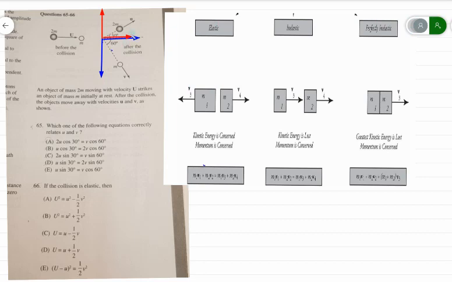Now let's find out the momentum in the vertical direction. Your momentum in the vertical direction would be this one.